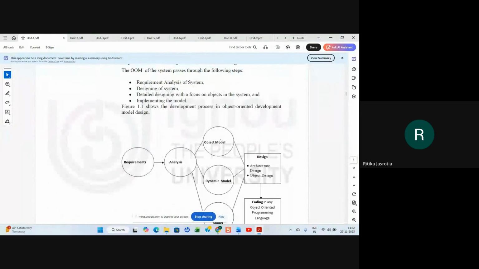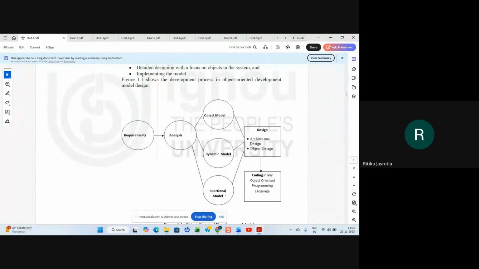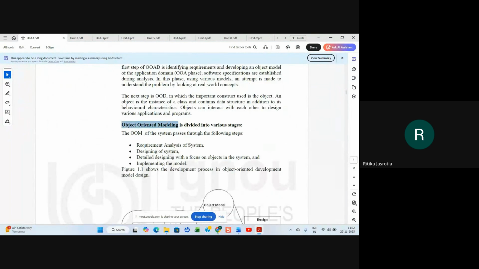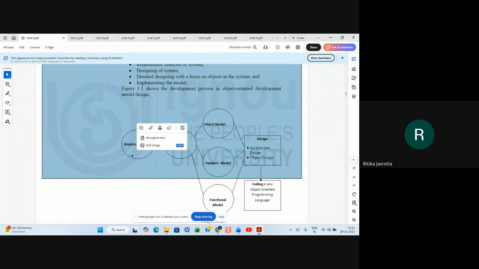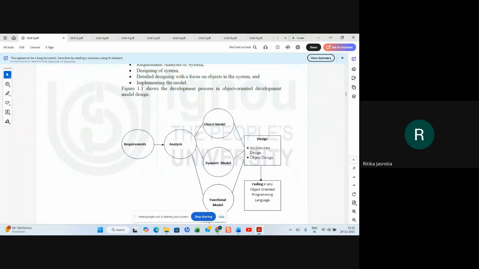The output will be the object model, dynamic model, and functional model. Object-oriented modeling is divided into various stages. These are your stages: requirement analysis of the system, designing of the system, detailed designing with the focus on objects in the system, and implementing the model. So requirements, then analysis, and during analysis you are making an object model, a dynamic model, and a functional model.